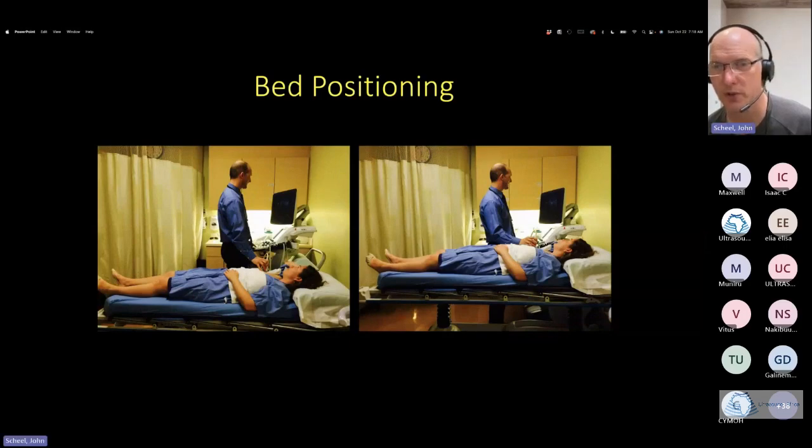And so the picture on the right shows the appropriate bed height. You can see how my elbow is just slightly bent beyond a right angle. That also means that the patient can see the images too, which many appreciate.